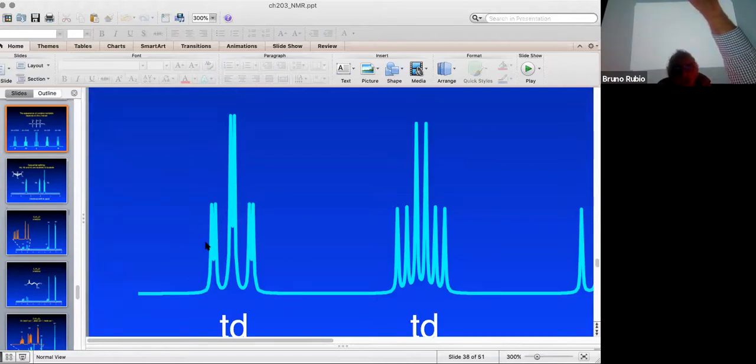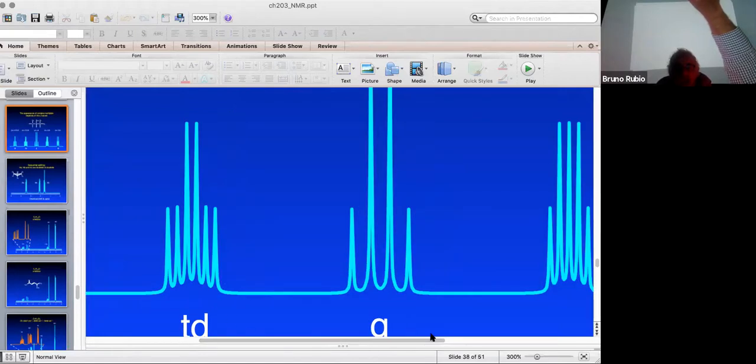Each of the peaks in the triplet is actually a tiny little doublet of its own. So that's why this is called a triplet of doublets. It is doublets arranged in a triplet pattern.